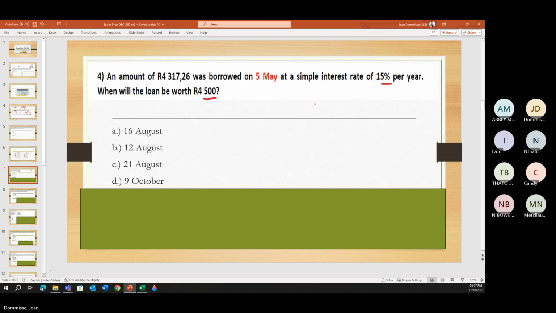If I look at the simple interest rate, you have a present value, you have a future value, and then we will need to work out the time.